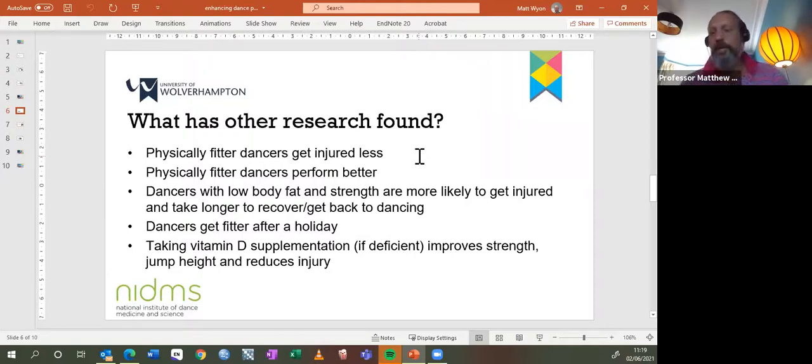And vitamin D is the area that I've been doing for the last 10, 15 years. Interested in that because dancers, I always refer to, are vampires. They never go outdoors when it's sunny. They only manage to get outside when the sun is down, or it's very weak.